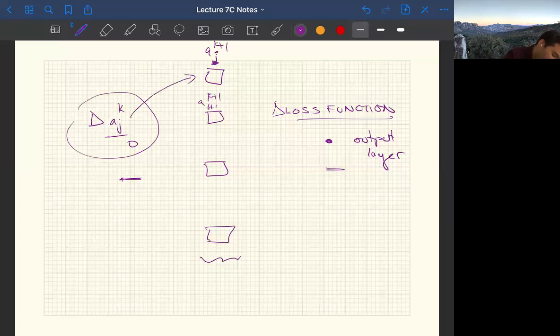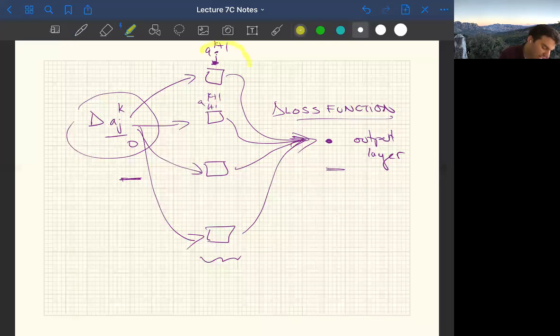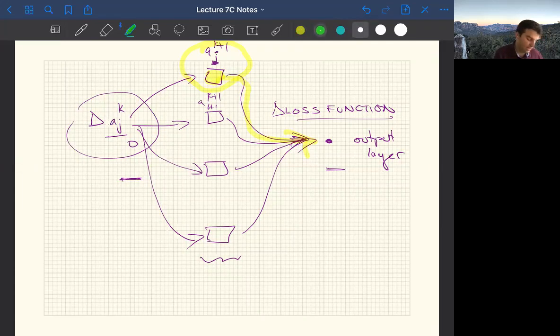A little bit of it goes there, a little bit goes there, a little bit goes there, and then all of those get combined into the total error that I have at the actual output. What this total derivative is doing is basically saying, first, if I generate a variation up here, how much is that variation going to affect the output function? And then if I generate a variation here, how much is that variation going to affect the output function? And so on.